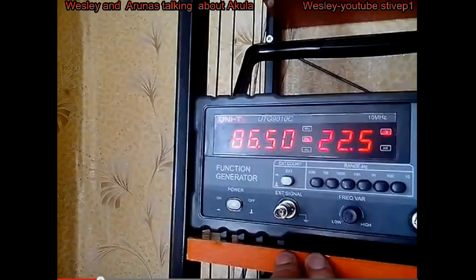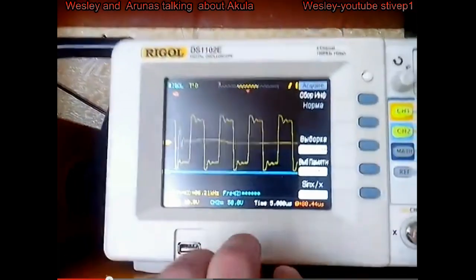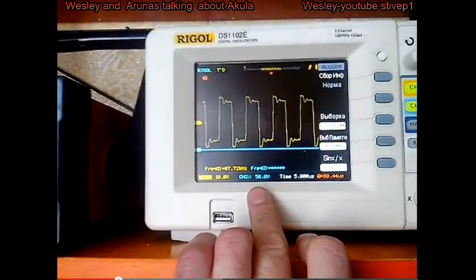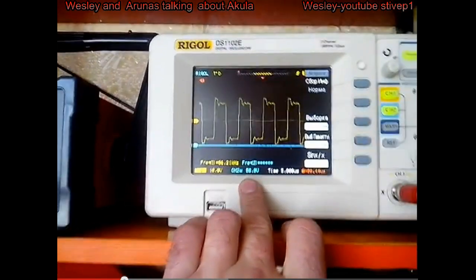That's the signal that is coming out of it. And what is the most important is properly forming those impulses for free oscillations.